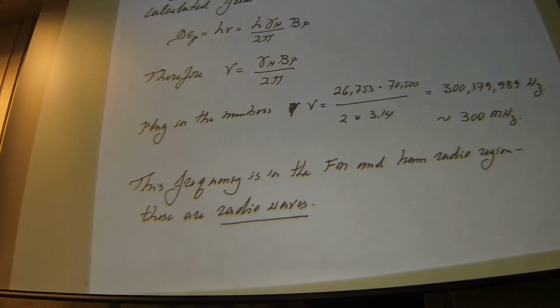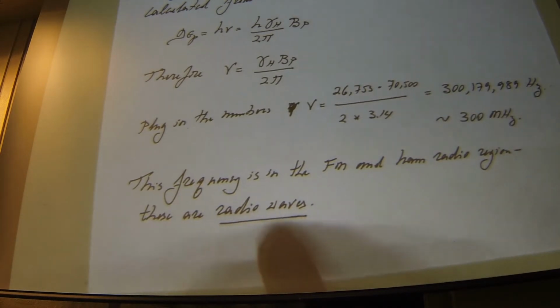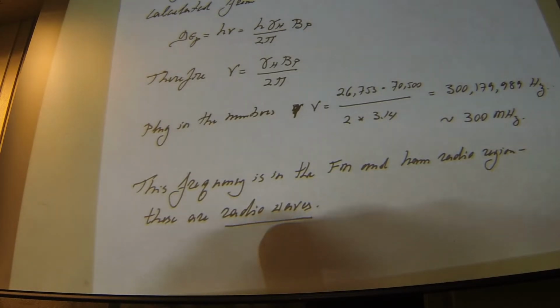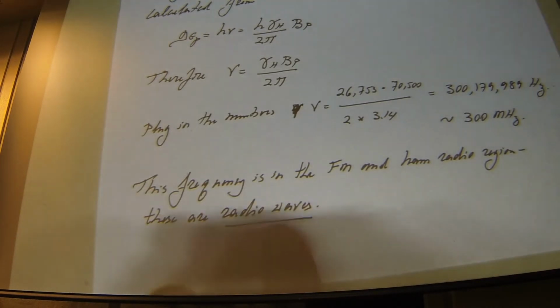And so it's kind of an elegant experiment. You have a strong magnetic field. You shine appropriate radiation in this region of the electromagnetic spectrum. Absorb a tiny bit of energy. You measure that. You get a signal.